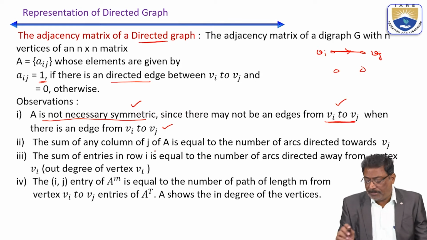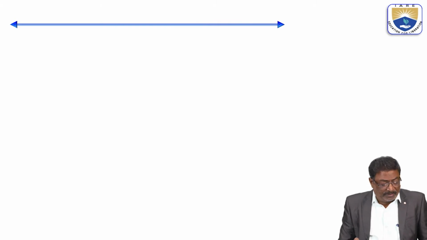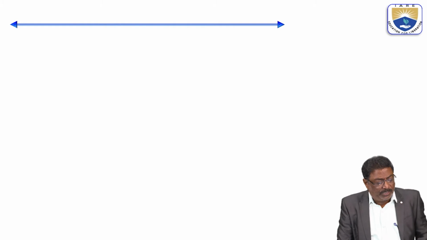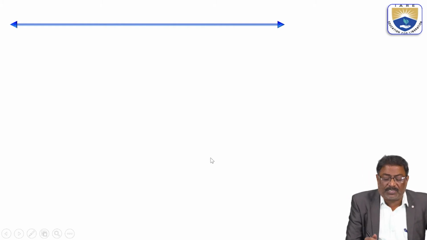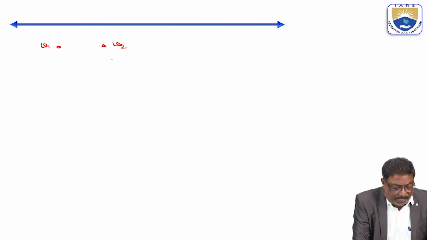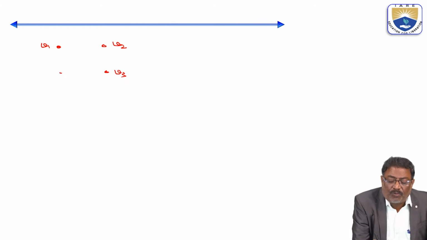Before the next observations, we are going to solve one of our problems, and based on that we will discuss the observations. Here we concentrate on the directed graph. Let us consider a simple graph with V1, V2, V3, and V4.